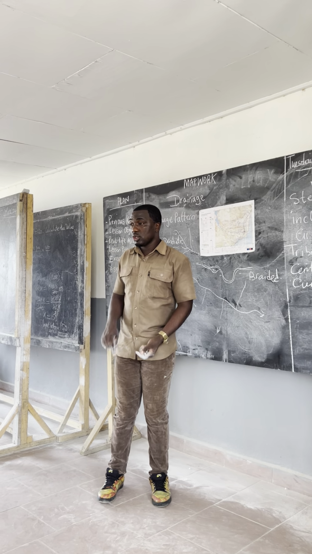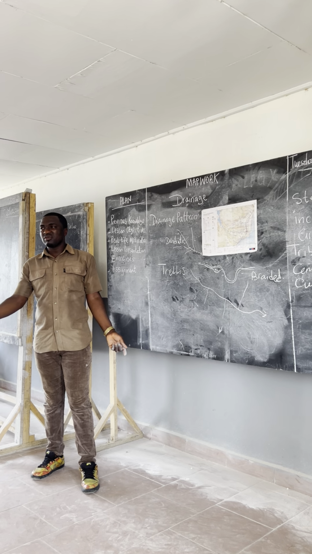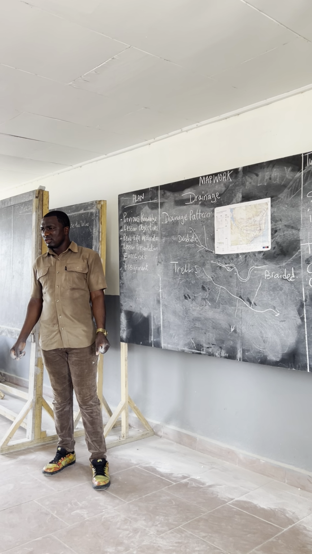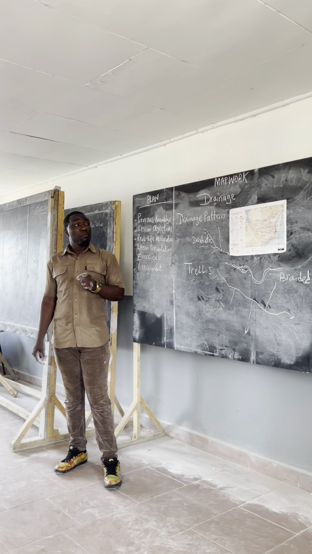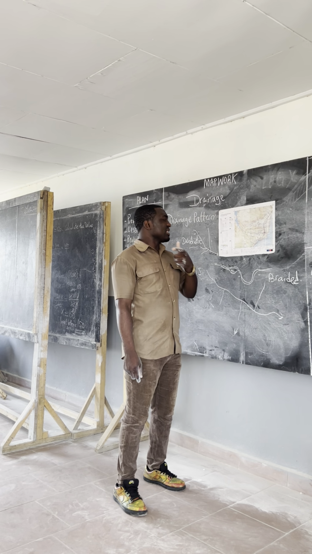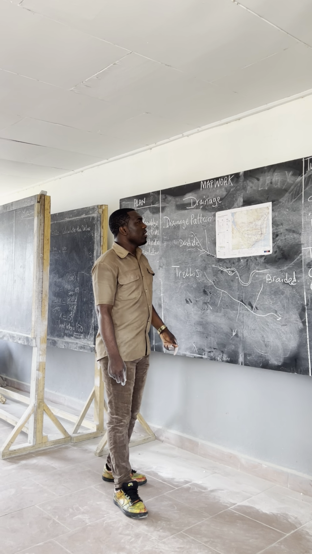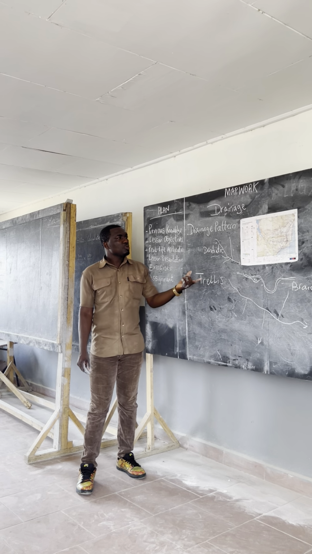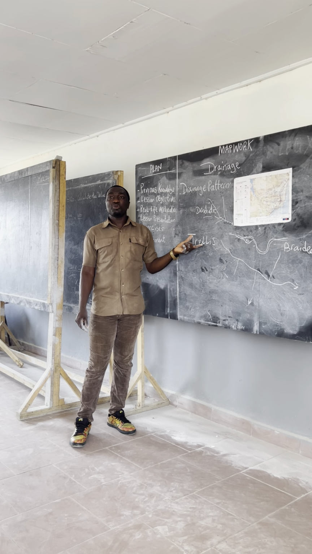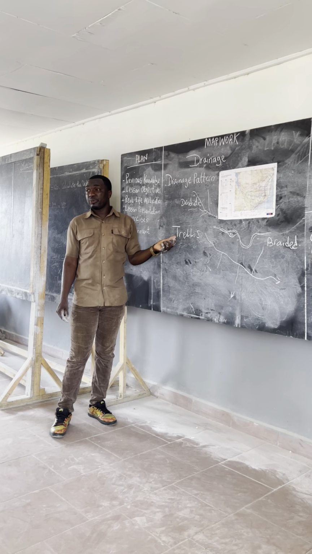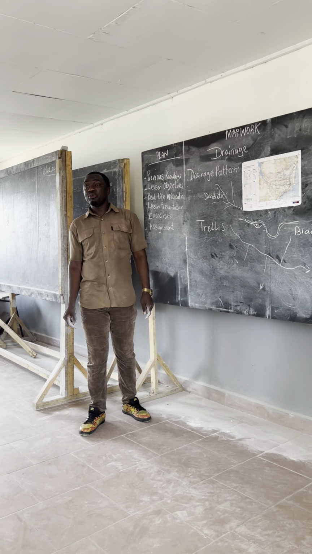Then after stating the relationship between pattern and relief, what next? You have to comment on the shape of what you study. What makes this drainage pattern dendritic? What makes it trellis? What makes it parallel, with strict map evidence? At this point in time, you have to understand that drainage pattern talks about the shape, the physical outlook of a drainage basin.